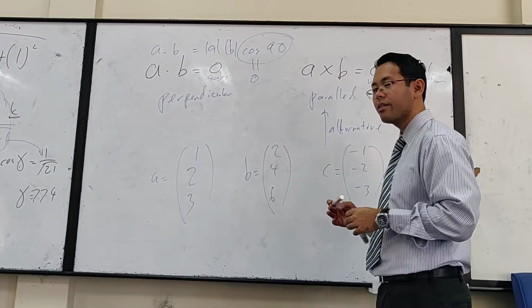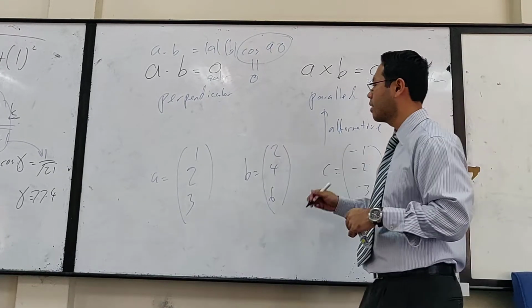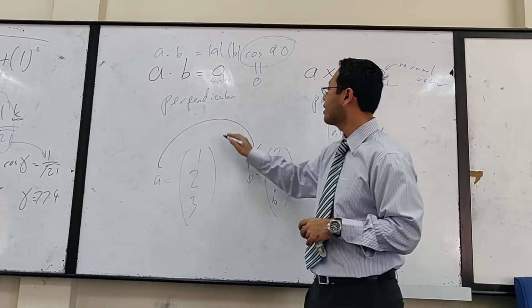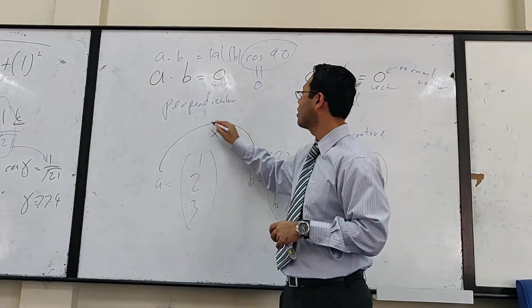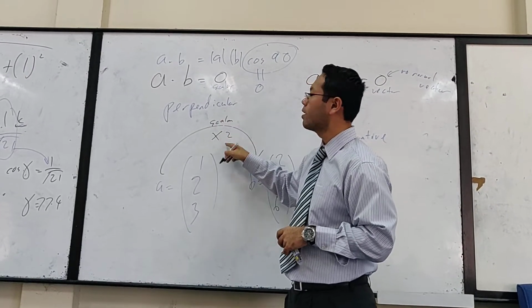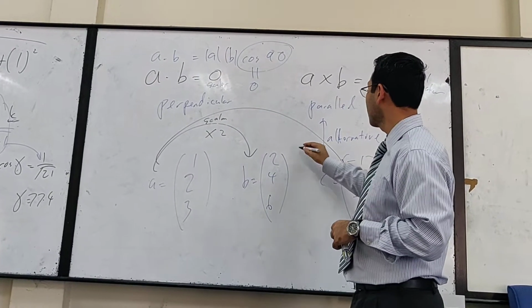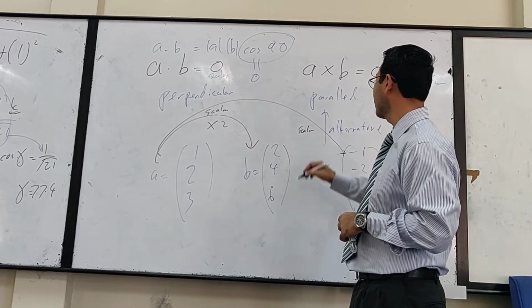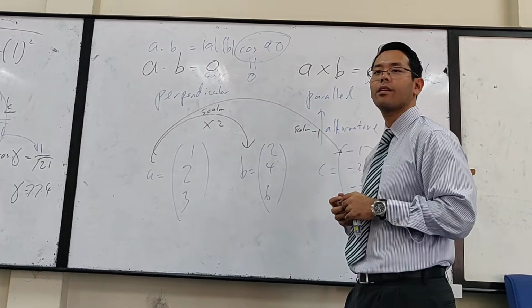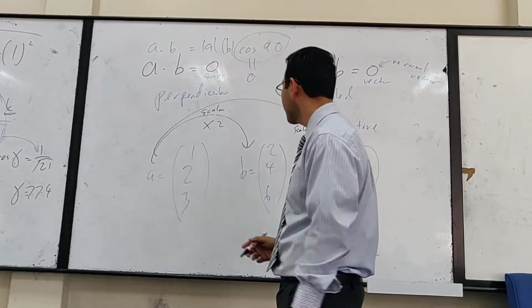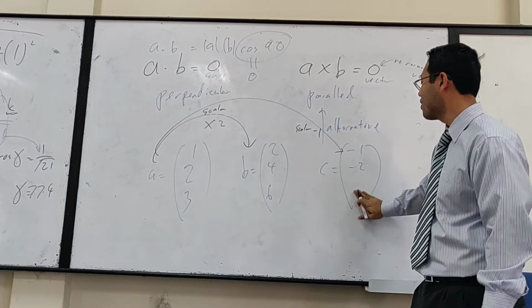Why are they parallel? Because this one to this one is a scalar, I times by 2. This one to this one is a scalar of negative 1.